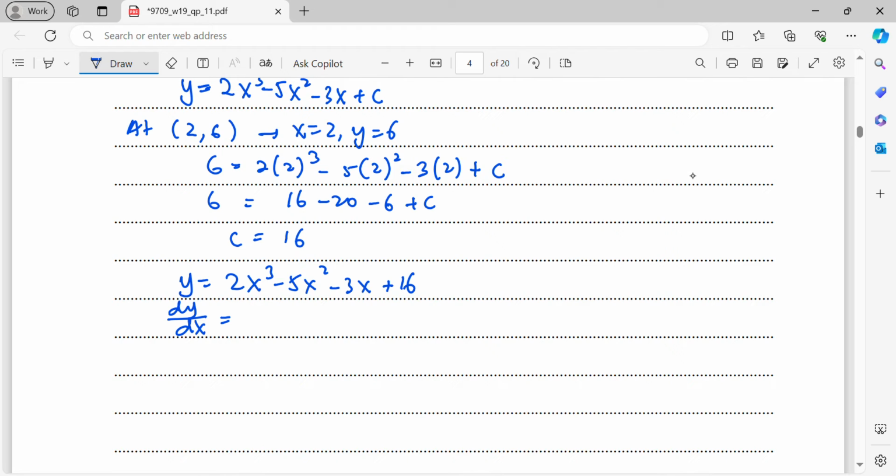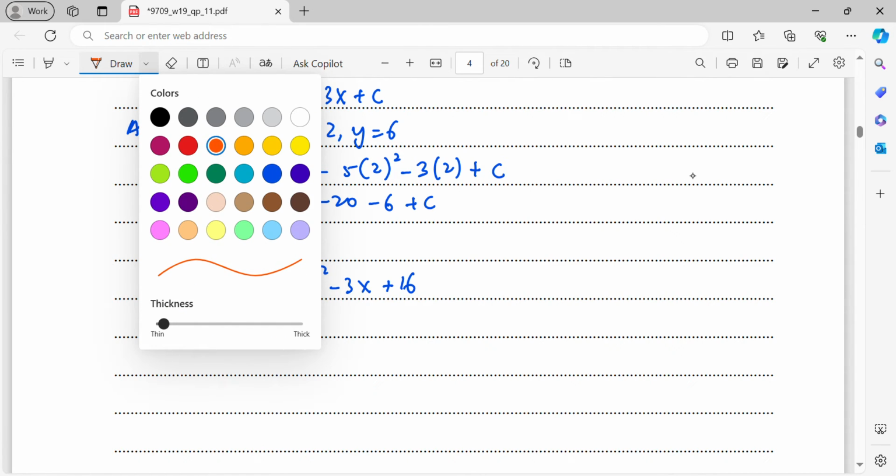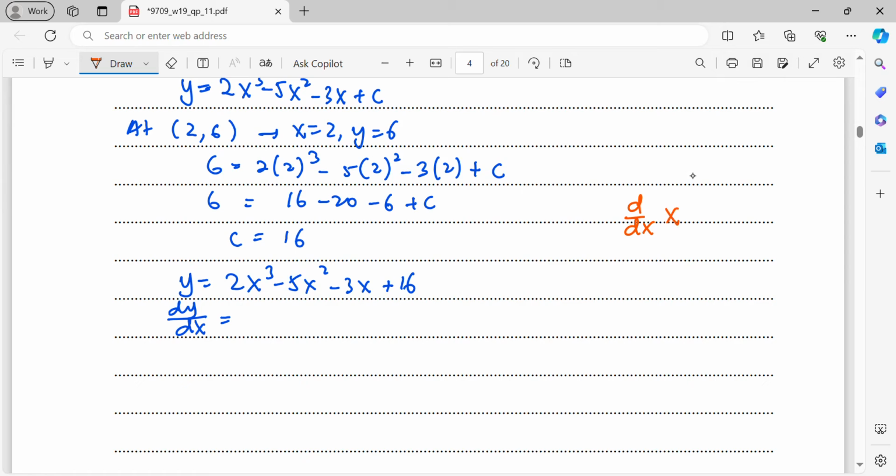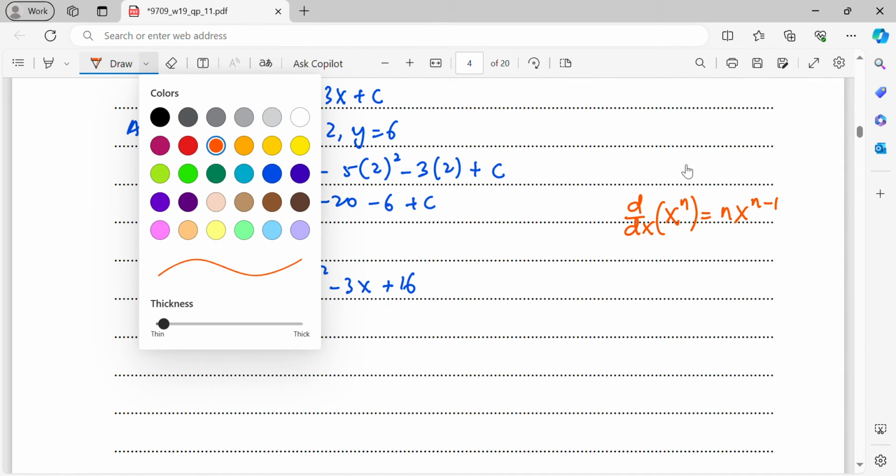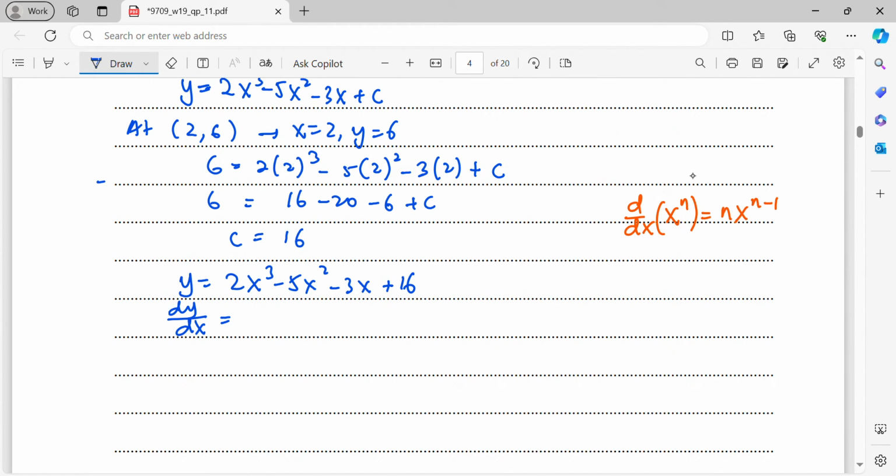When you differentiate, just for information, differentiating x to the power n gives nx to the power n minus 1. So here you bring down the 3 and times with 2, that will be 6x squared. Then the 2 you bring down and combine with 5, that will be minus 10x, then this is minus 3.